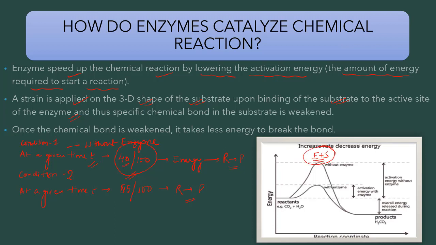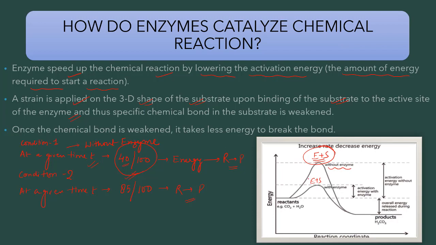Previously, without enzyme, the substrate needs this much amount of energy to be converted into product. But in the presence of enzyme, the enzyme substrate complex lowers the energy required by the maximum number of molecules to convert into product.